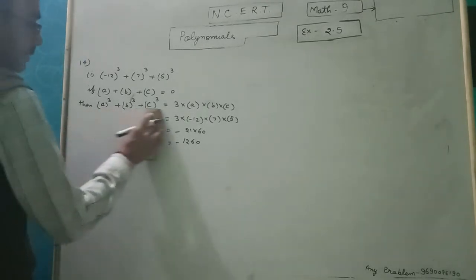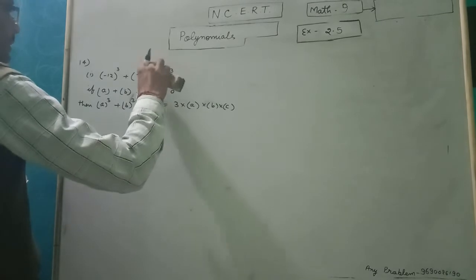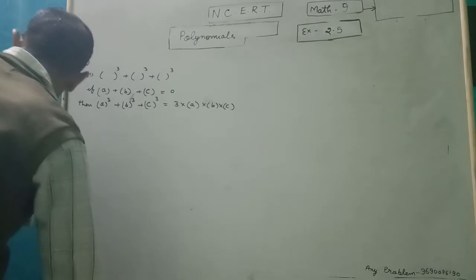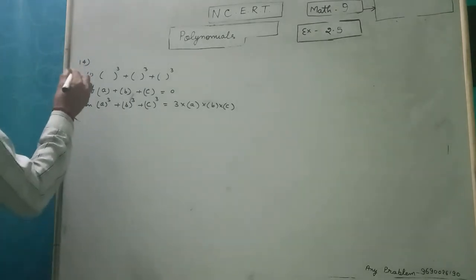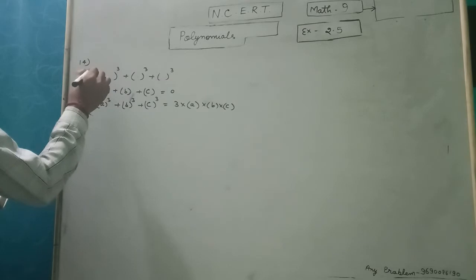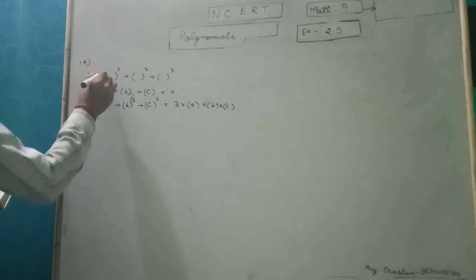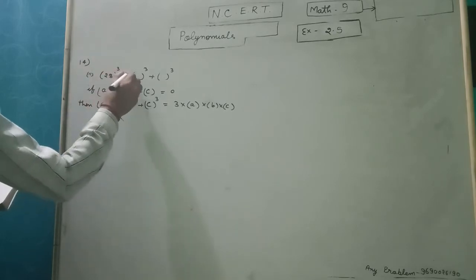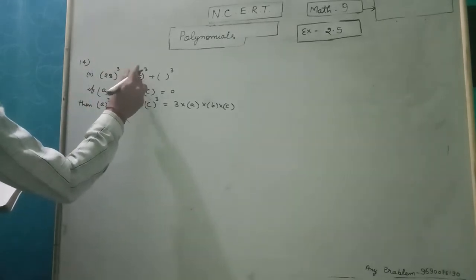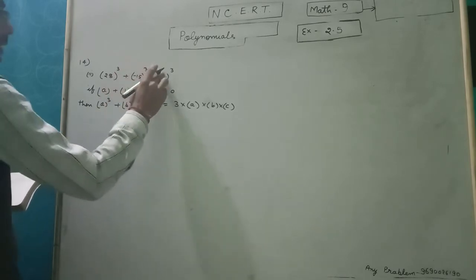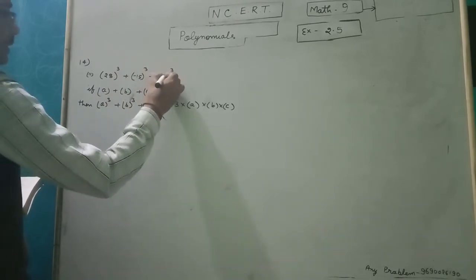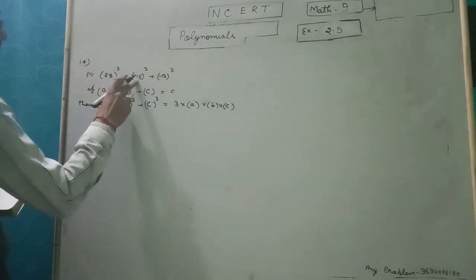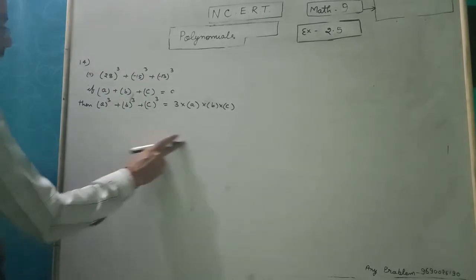Second part is the same, only the digits change: 28, -15 and -13. The sum of the numbers in the bracket is 0.